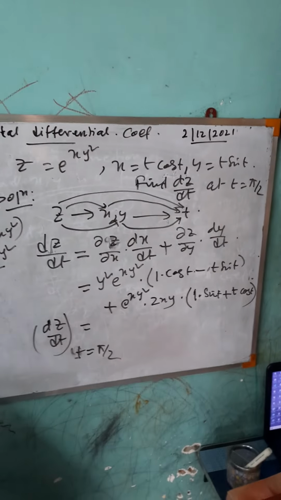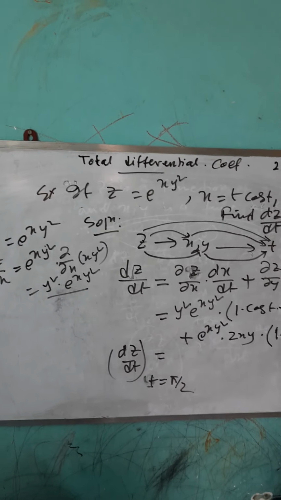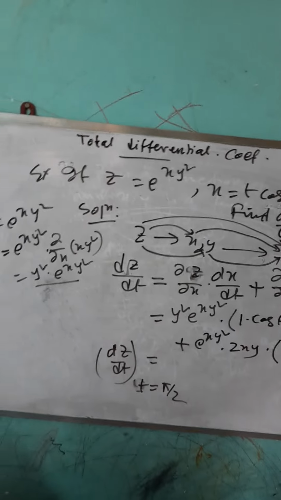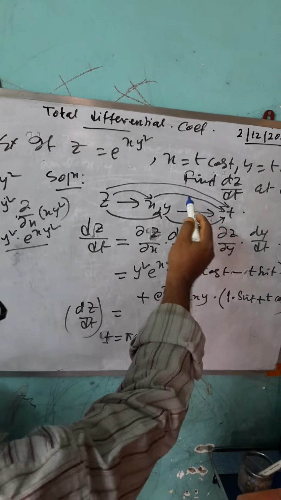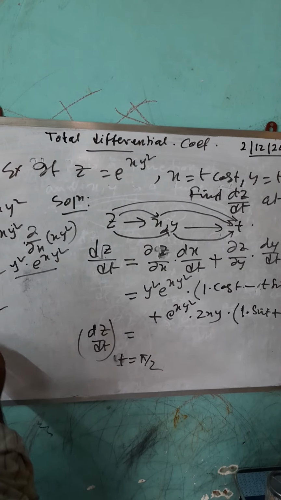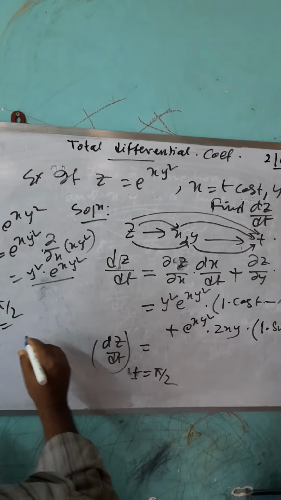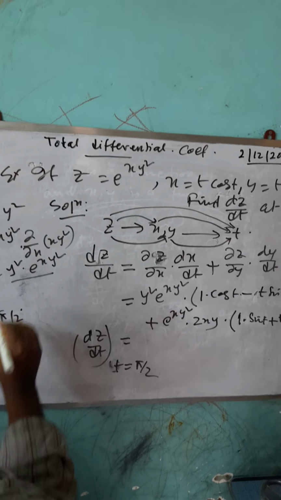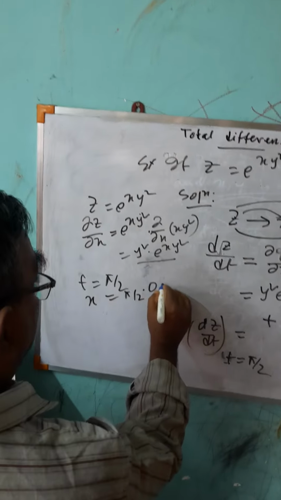I am putting t equal to pi by 2. Then what is the value of x? Tell me, when t equals pi by 2, x equals t cos t, that is pi by 2 into cos pi by 2. Cos pi by 2 is 0. So x equals 0 now.